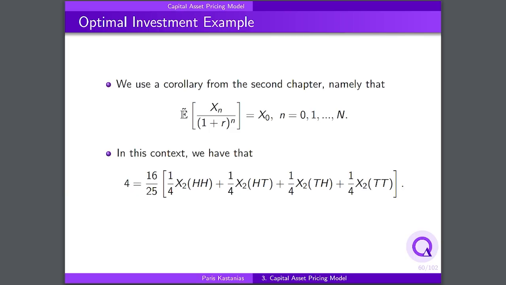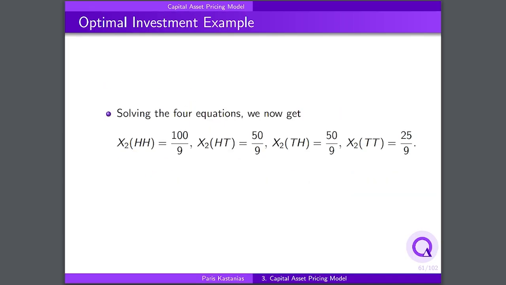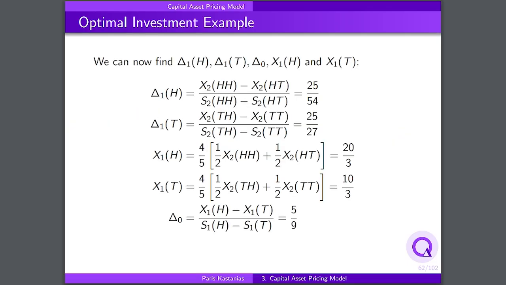So that's just that thing there. So then we have 4 equations now. Solving these 4 equations, we get these 4 numbers. Okay? So you just have to brute force it. Then we can now find the values of delta 1h, delta 1t, and x1, and delta 0.